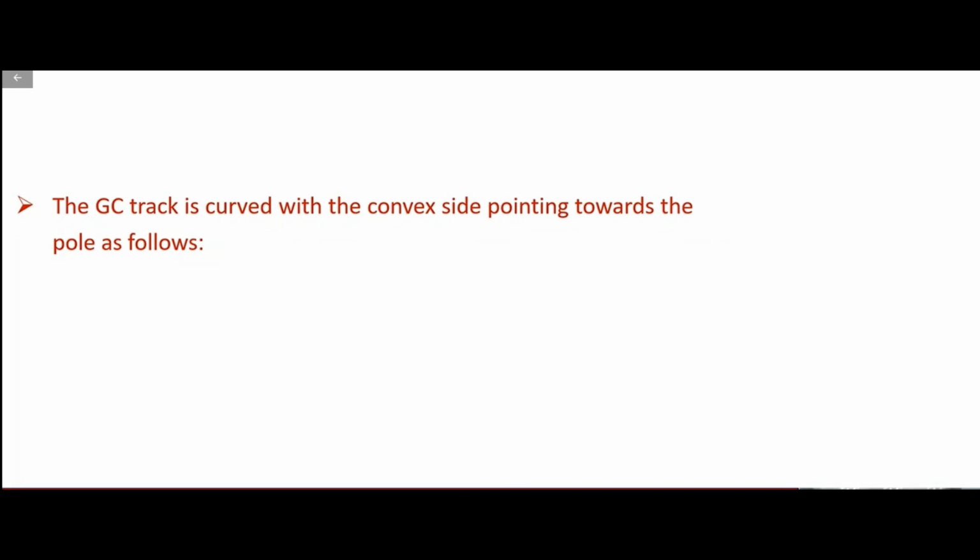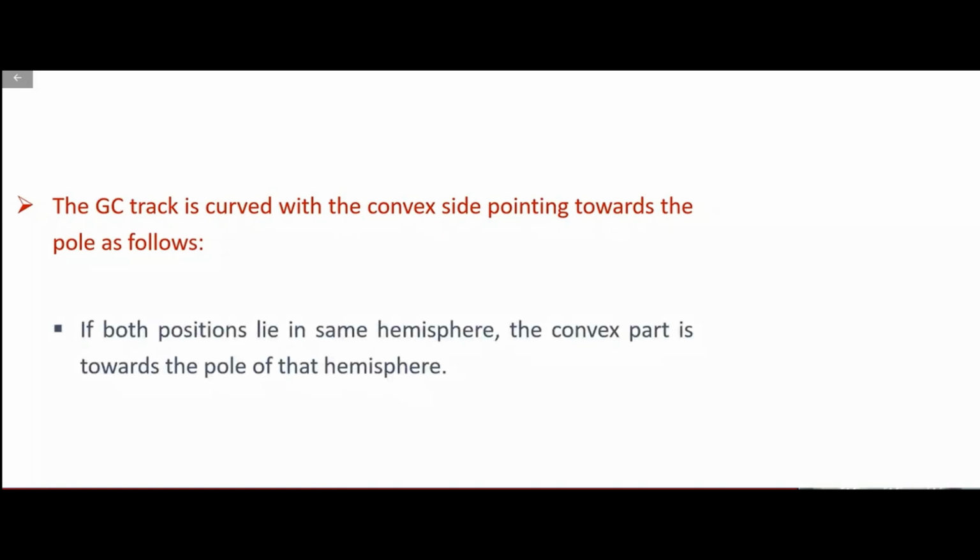Now the question is, we have two poles, North Pole and South Pole. Towards which pole does the track curve and present its convex side? If both the positions lie in the same hemisphere, that means arrival and departure positions are both in the northern hemisphere or both in the southern hemisphere, the convex part shall be towards the pole of the hemisphere in which both the positions lie.